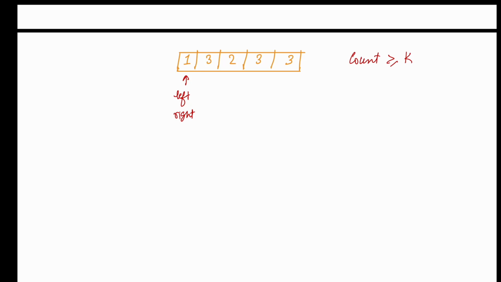Let's see. So initially it is pointing towards the first index. Till now we don't have any of the max element, so we increment the right. Now right is over here. Now we see count equals to 1.